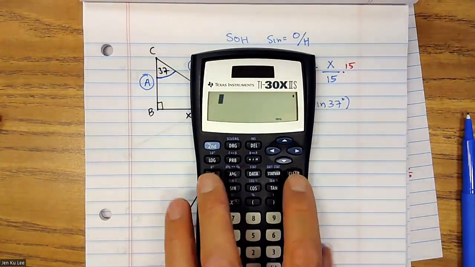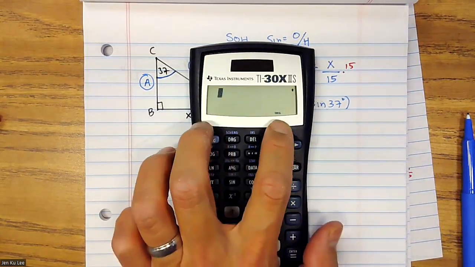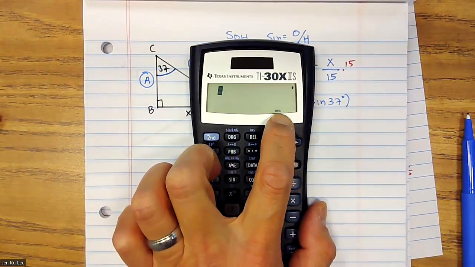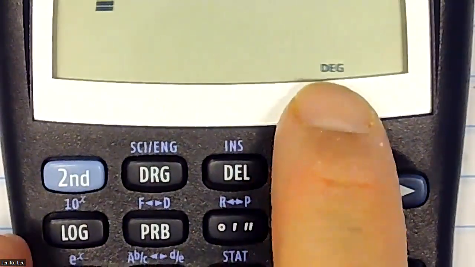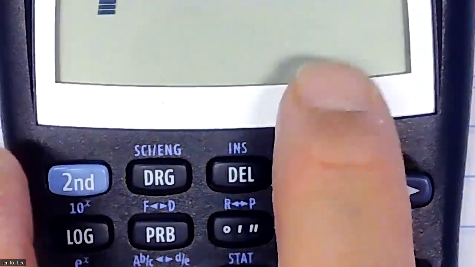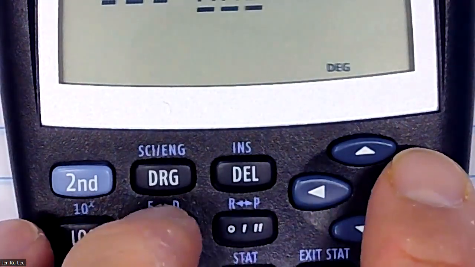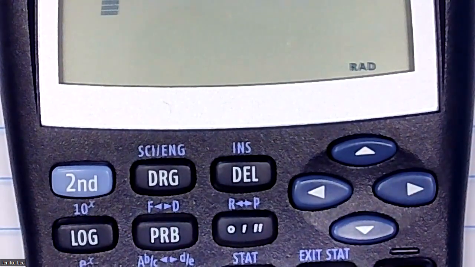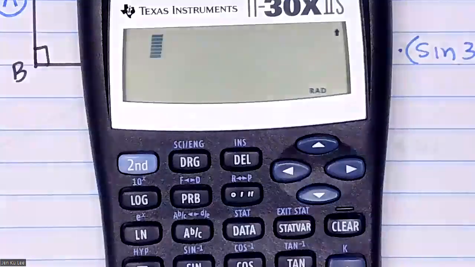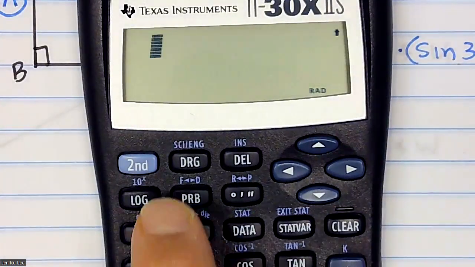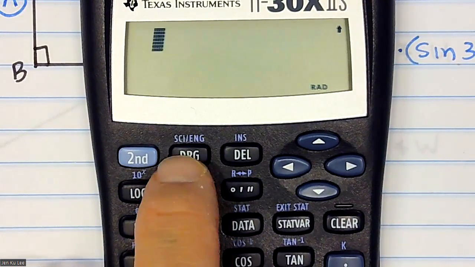On your calculator as well, make sure that your calculator is in degrees. Do you guys see how it's in DEG? That's degrees. If it says RAD, like that, you see how it changed. If it is in radian mode, click the DRG button right here, or find the DRG button on your calculator.